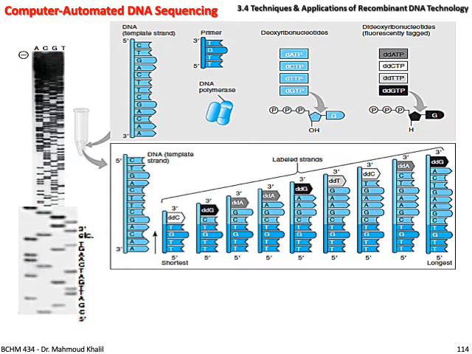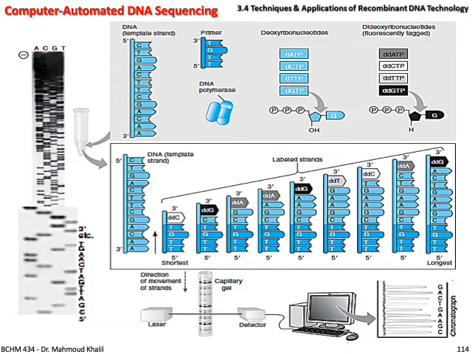So the first sequence is C, then G, then A, then T, T, then G, then A, okay, and so on. But keep in mind that this sequence is complementary to the template strand, okay? And as you can see, it starts from the 5'.